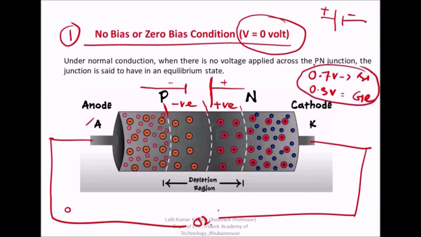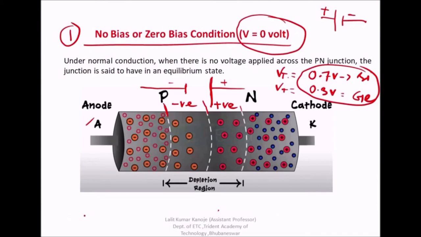This is a 2-mark question. What is the threshold voltage of a silicon type diode? You will say 0.7 volt. What is the threshold voltage of a germanium type diode? You will say 0.3 volt. Remember, okay?